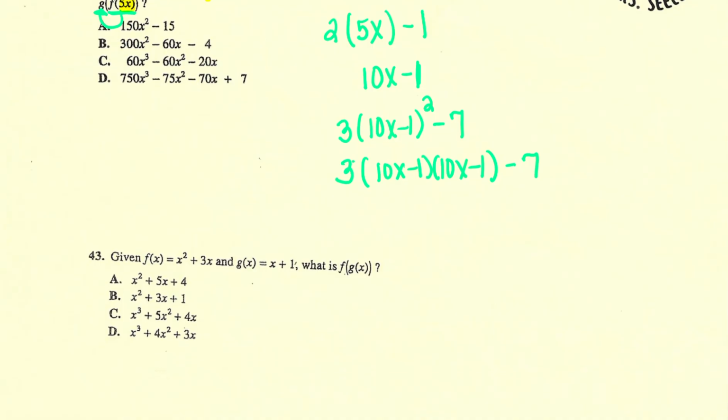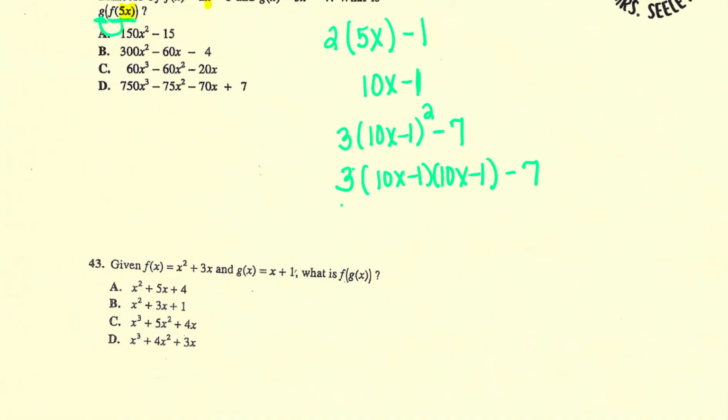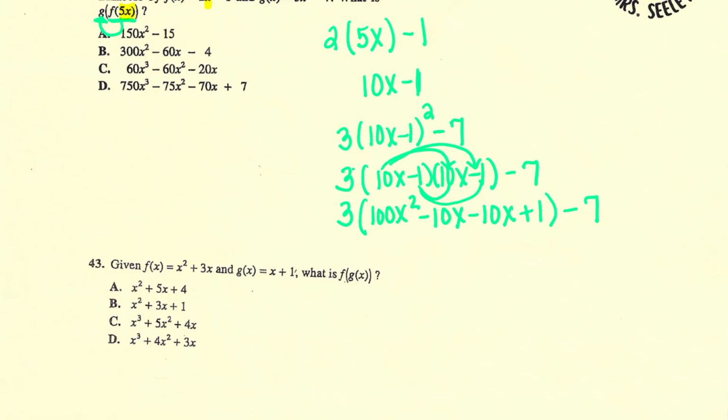All right, now let's bring this 3 down. We're not going to touch that, but we are going to distribute. 10x times 10x is 100x squared. 10 times -1 is -10x. -1 times 10 is -10x. And -1 times -1 is +1. And subtract 7.